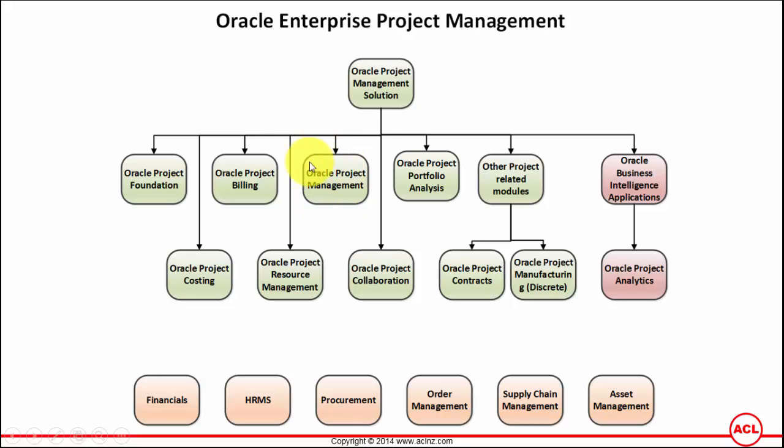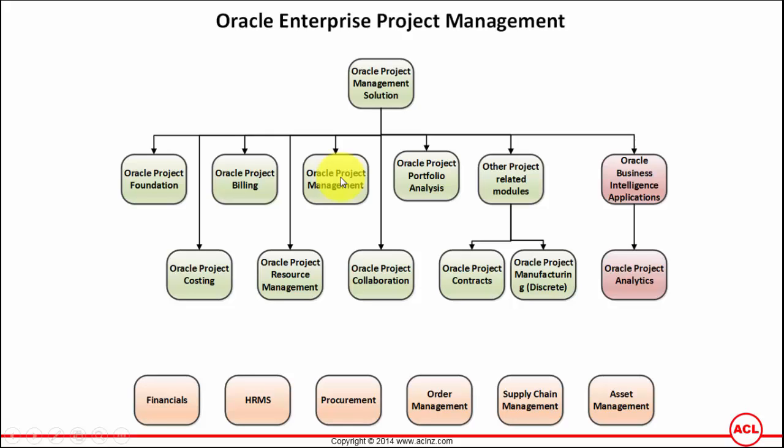And once a project gets approved, the next step is to get it funded through a funding agreement. Once a project gets funded, then you identify the resources as per the project work breakdown structure or a project work plan, and then you assign tasks to each of those individual resources as a project manager.